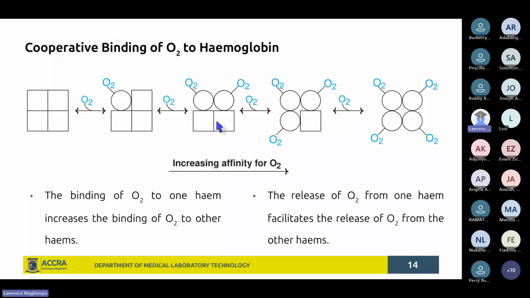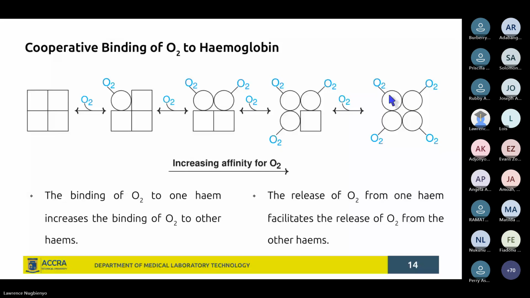So it goes in for the third oxygen molecule. So a third oxygen molecule comes to bind to a third subunit of the hemoglobin. And that continues until you have a saturated hemoglobin molecule, an oxyhemoglobin, fully saturated with 4 oxygen molecules.